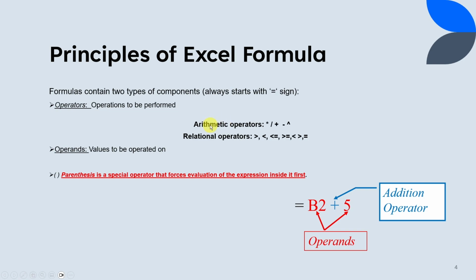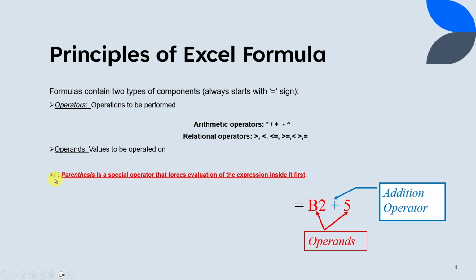Arithmetic operators are multiplication, division, addition, subtraction, and the exponent, in terms of the power. Relational operators are such as greater than, less than or equal, greater than or equal, not equal, and equal. And then the operands are the values that we are trying to operate on.